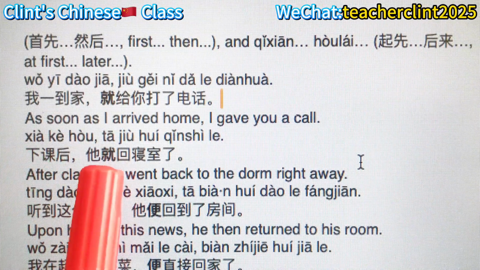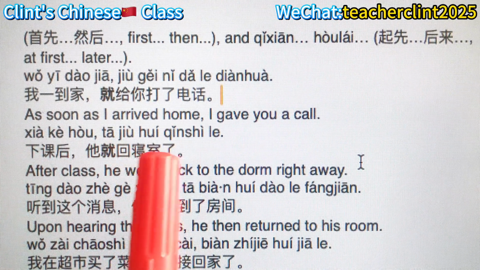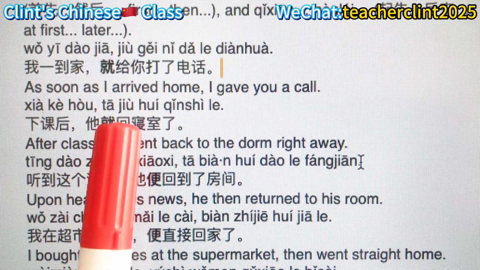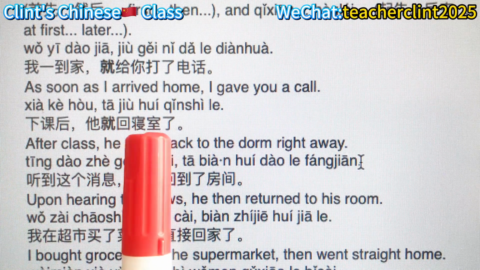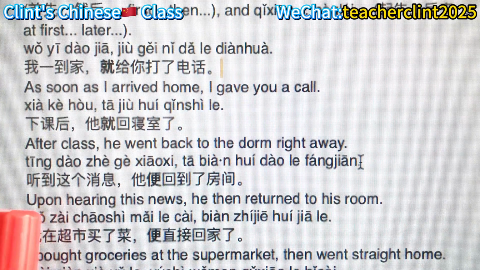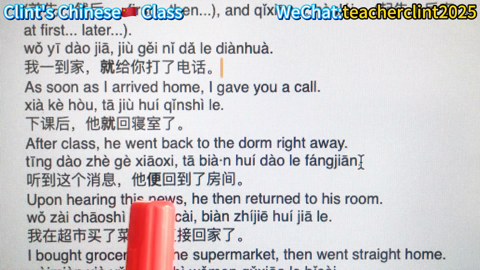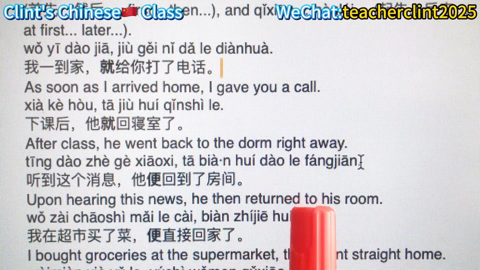So again, this is 就 connecting two independent sentences to show the logic of something happened and then something else happened.